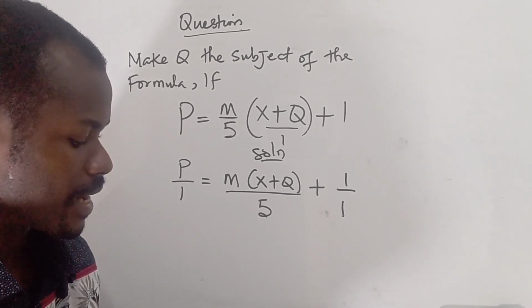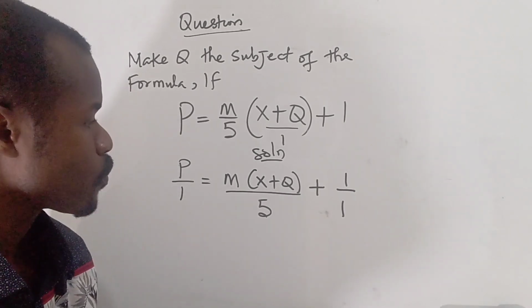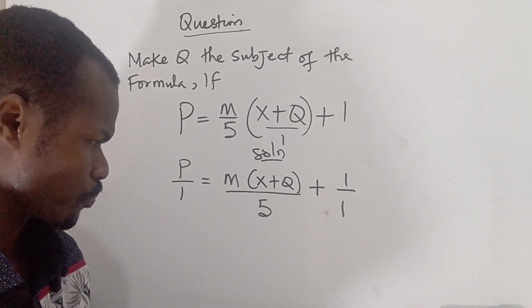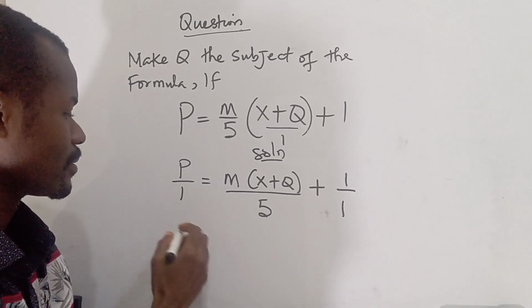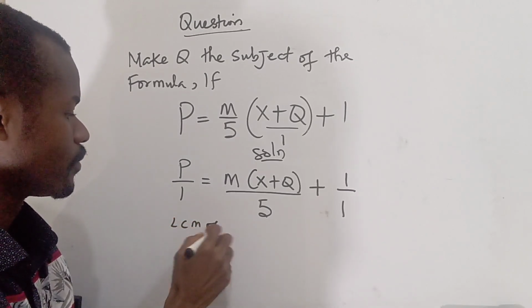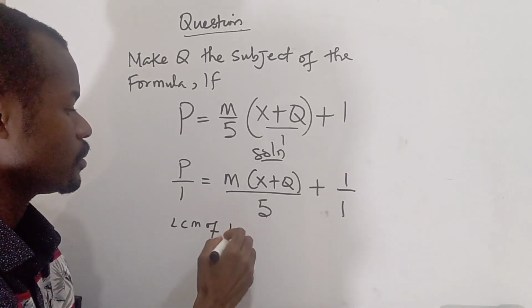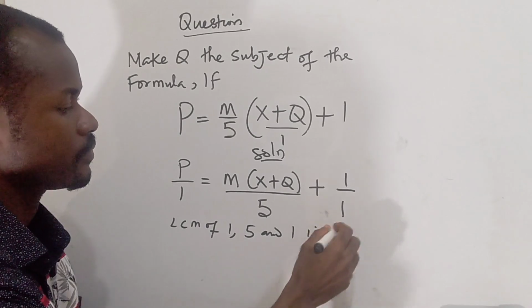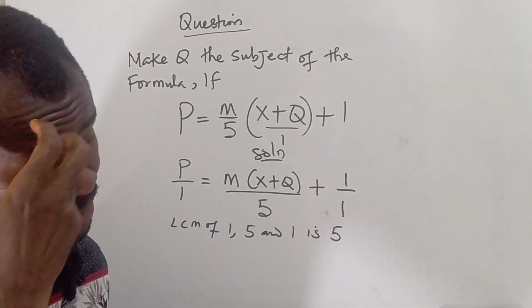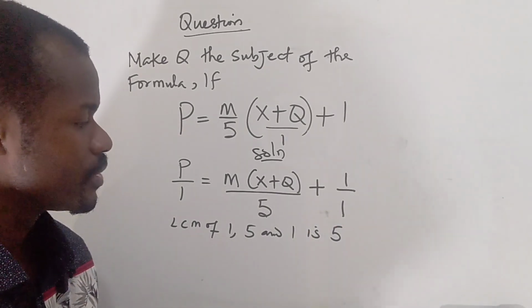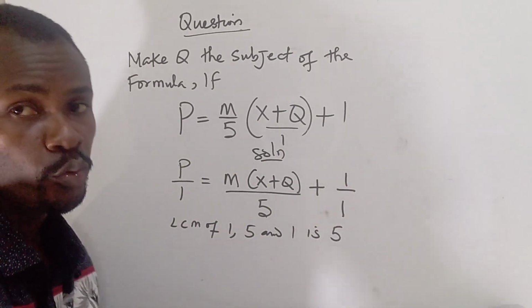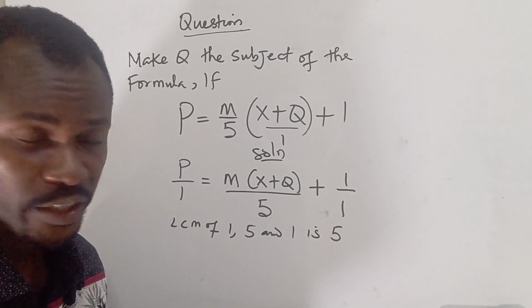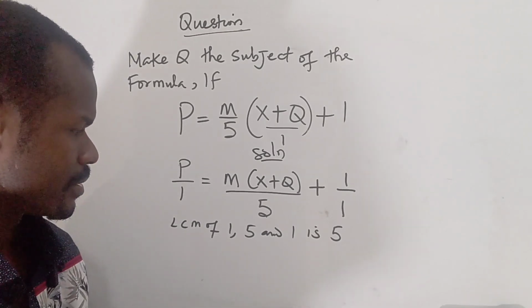Now, there are two ways we can solve this. One way is to find the LCM of 1, 5, and 1, which is 5. That's the first step. And we use this LCM to multiply through the expression.